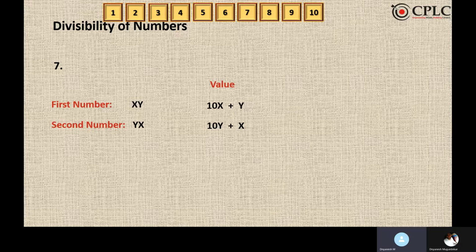For yx it will be 10y plus x. When you subtract these two numbers, what you end up getting is 9 times (x minus y), which for us is equivalent to 81. Take 9 common, divide throughout, and x minus y turns out to be 9. And that was what they were asking: what is the difference between the digits? So the difference between the digits is 9, which is answer option 5.